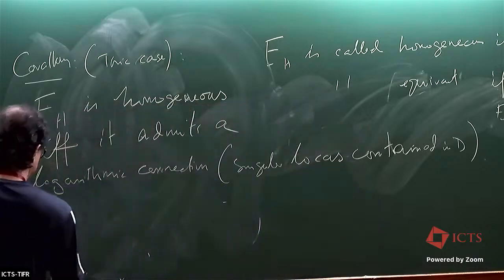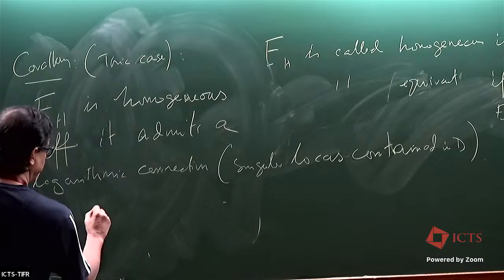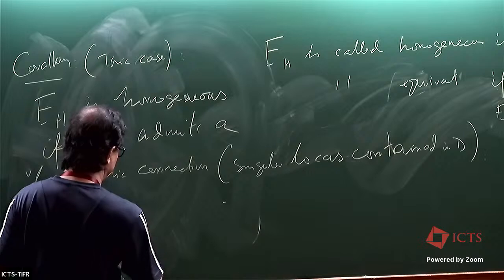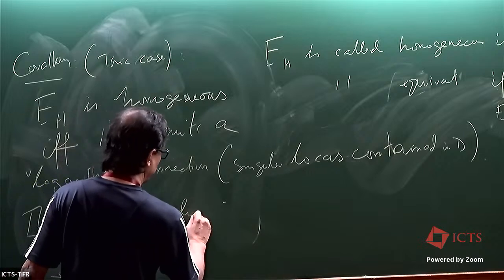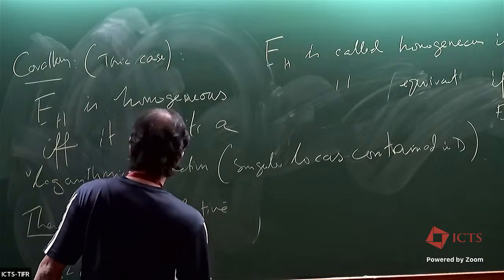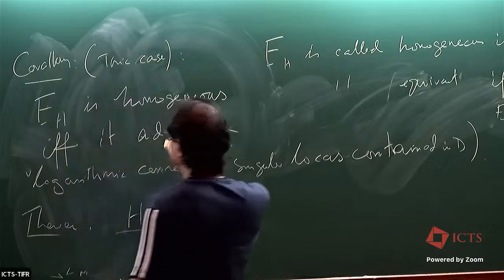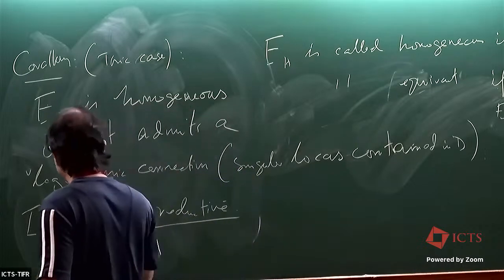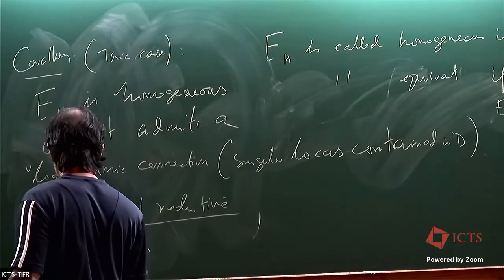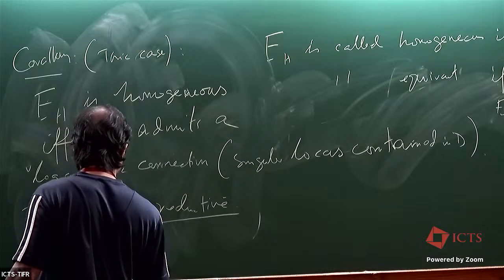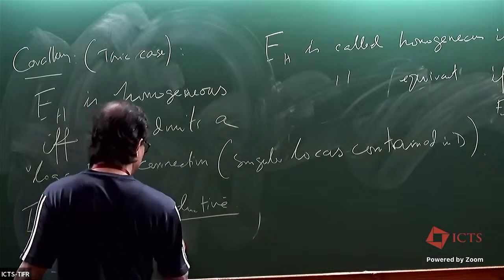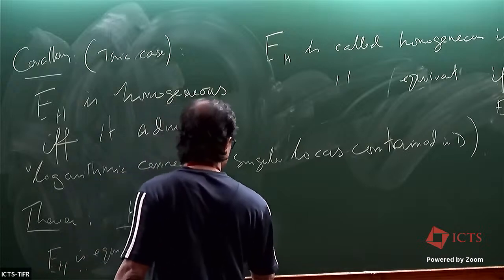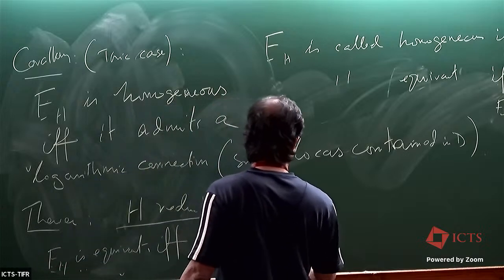Theorem: assume H reductive, the same way as before. Then E_H is equivariant if and only if it admits a logarithmic connection.